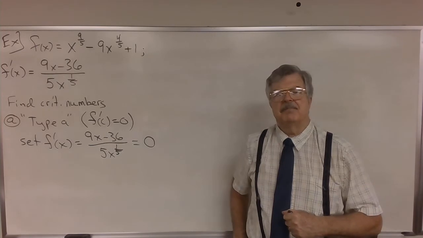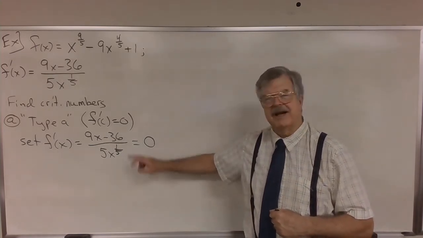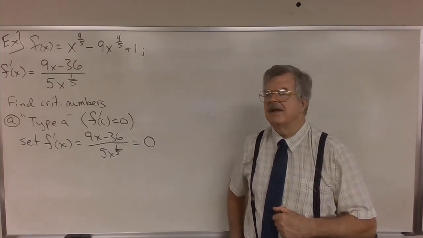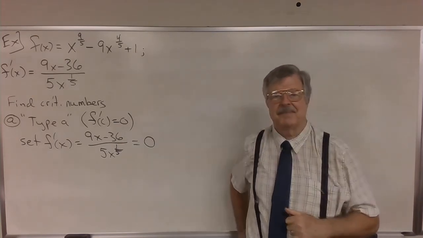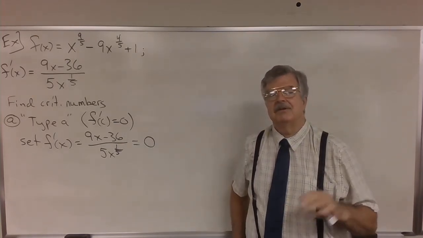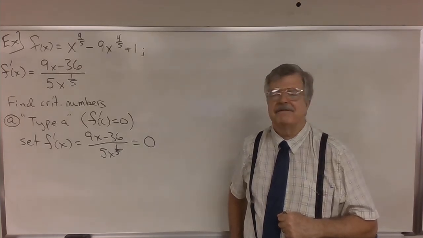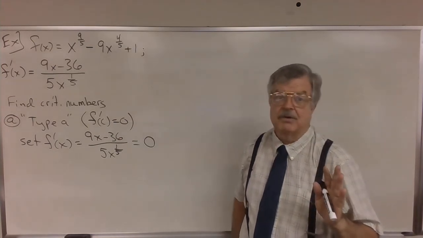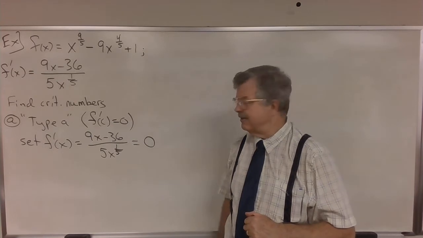Now, I guess there are a couple of ways of doing this. We might be hesitant to multiply both sides by 5x to the 1/5. In general, it's not a good idea to multiply or divide both sides by a factor that has a variable in it. In this case, it won't hurt, but let's approach this from a different perspective.